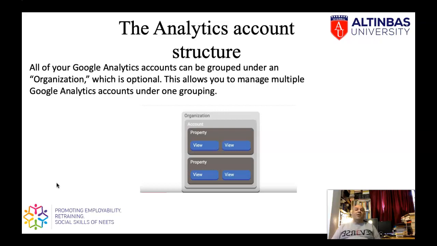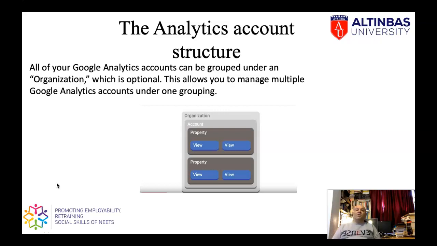Just as each account can have multiple properties, each property can have multiple views. You can use a feature called filters in your configuration settings to determine what data you want to include in each report. For example, the Google Store sells merchandise from their website across different geographical regions.